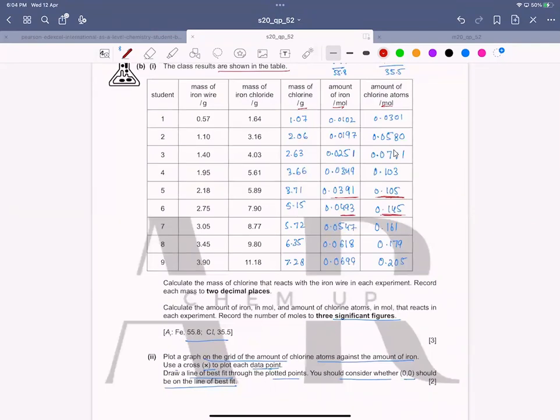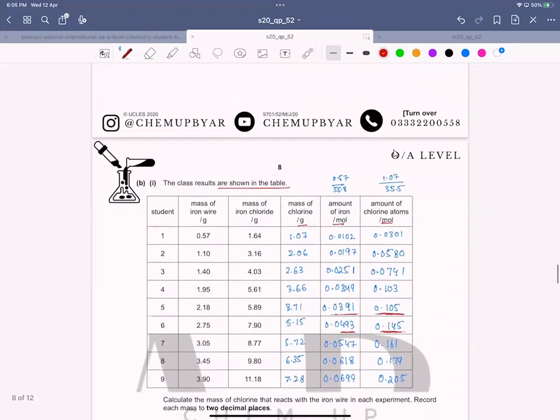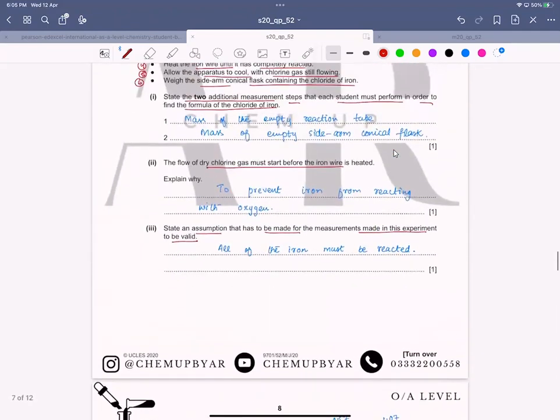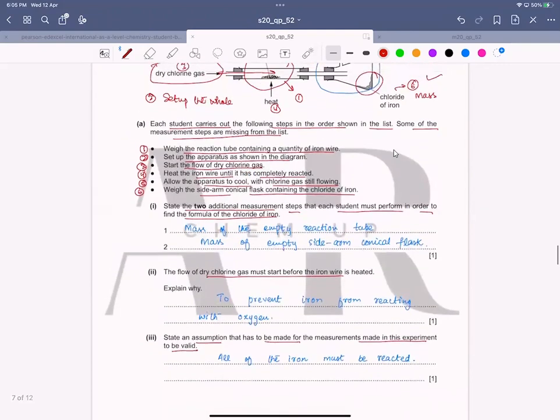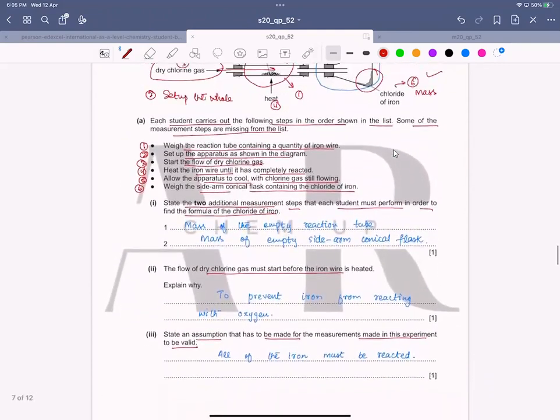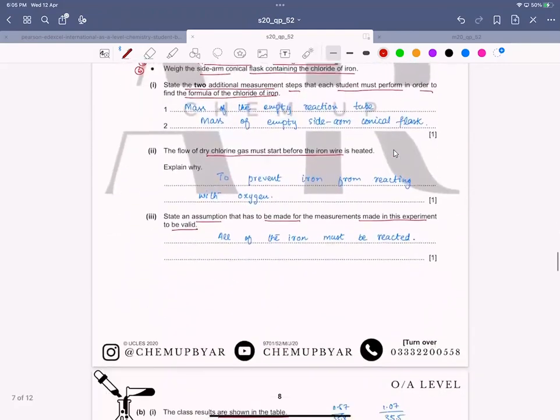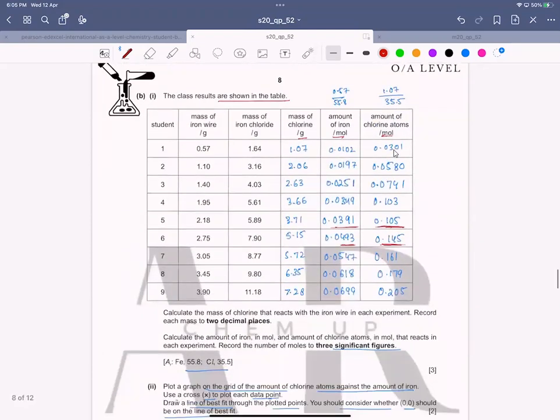Sir, we will find the mole ratio. Yeah, very good, Mariam. And we have the moles at different points, right? So we can take the mole ratio.